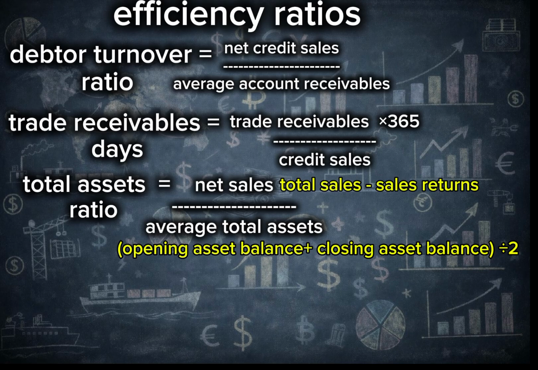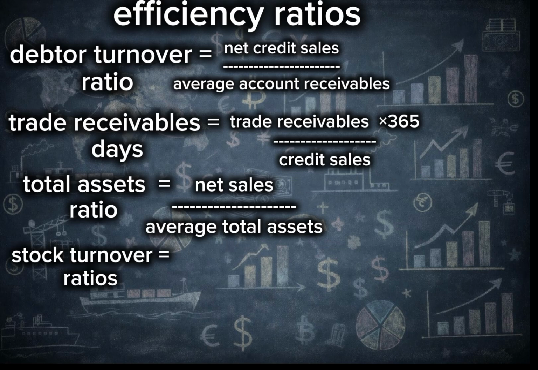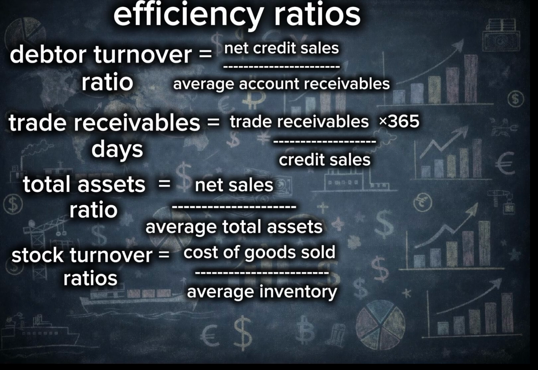Now, stock turnover ratio. We can also call it inventory turnover ratio. It measures the number of times a company can restock or turn over its inventory in relation to its cost of goods sold. Therefore, stock turnover is simply cost of goods sold over average inventory or average stock.